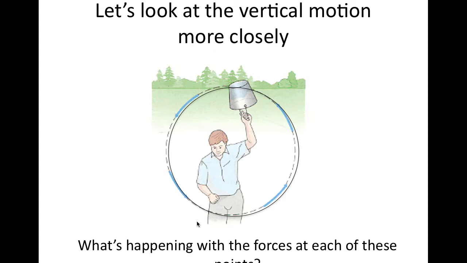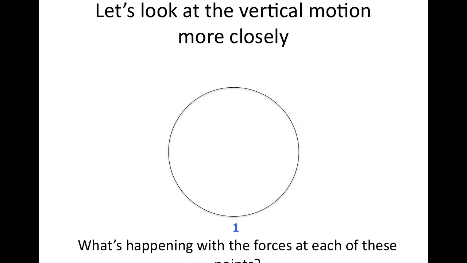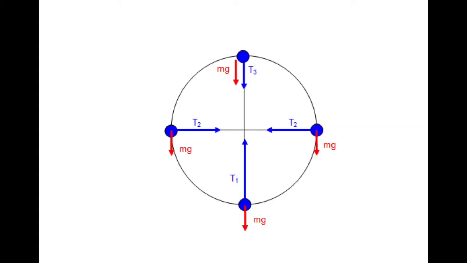We want to know what's happening with the forces at each of the points: the bottom, the top, as well as the sides. What we know with an object that is moving around a circle vertically is that its tension, or its centripetal force, changes. Its net force changes depending on where in the circle you are.